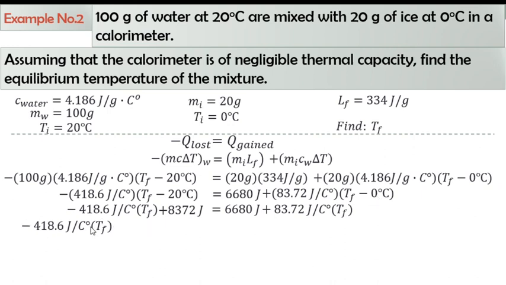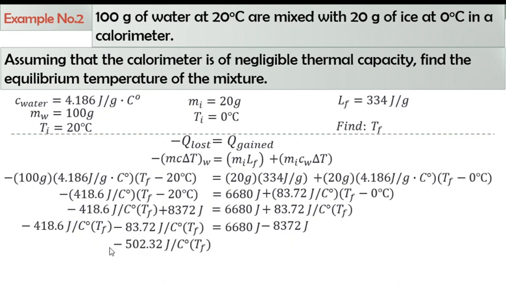Combining like terms, negative 418.6 joule per Celsius degree times T sub F, transposing 83.72, will give us negative 83.72 joule per Celsius degree times T sub F equals 6,680 joule, transposing positive 8,372 joule will have minus 8,372 joule. Simplifying this, we have negative 502.32 joule per Celsius degree times T sub F is equal to negative 1,692 joule.